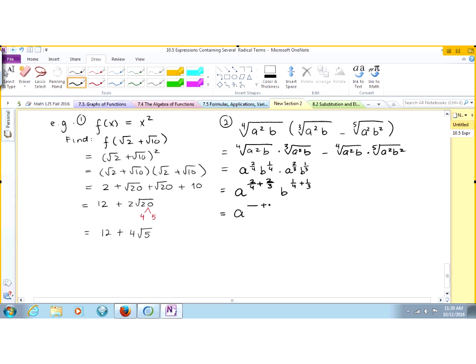Then what? LCD, which is 12. Same for both a and b, right? So this is 4, but I need 12. Multiply by 3, top and bottom. This is 3, this is 12. Multiply by 4. So 2 times 4 is 8.